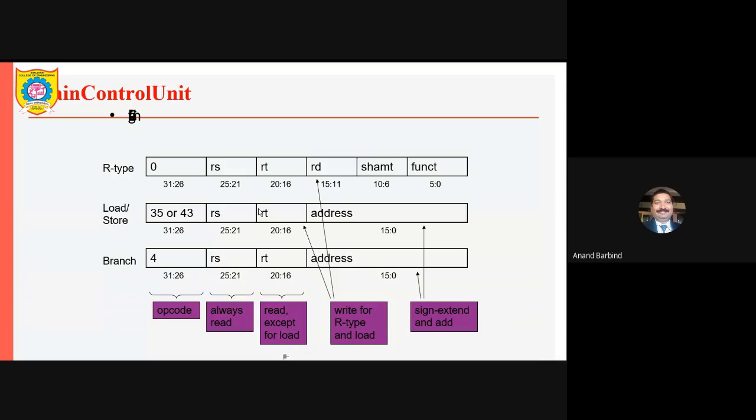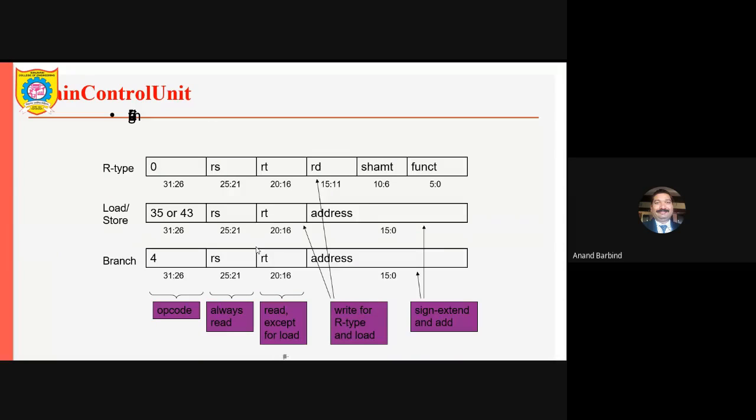Whereas RT, because it is the write register, is the register into which the data will be loaded from the data memory. So that is the load operation. But in case of a store operation, data is stored into the data memory from the register.